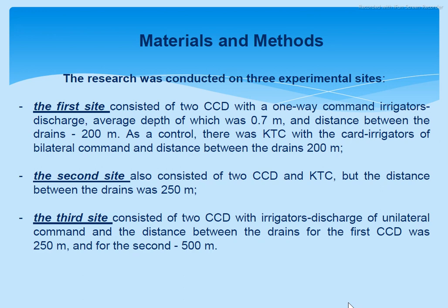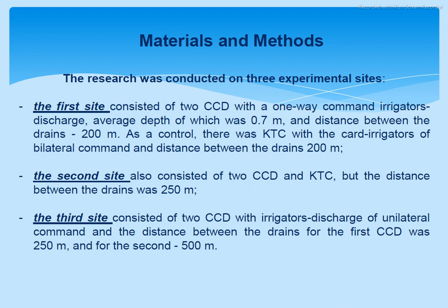The second site also consisted of 2 cart checks with drainage and a Krasnodar-type cart, but the distance between the drains was 250 meters. And the third site consisted of 2 cart checks with drainage with one-way command irrigator discharge, and the distance between the drains for the first one is 250 meters and for the second one 500 meters.